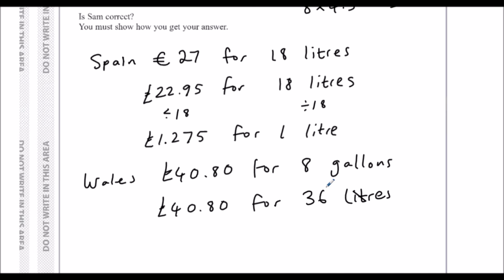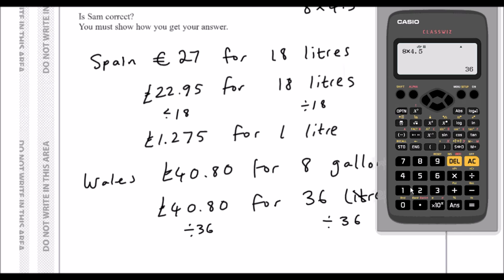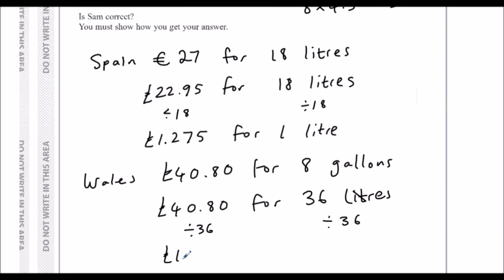So if we want for 1 litre, we could divide by 36. So £40.80 divided by 36 is 1.13 recurring. So £1.13 for 1 litre.